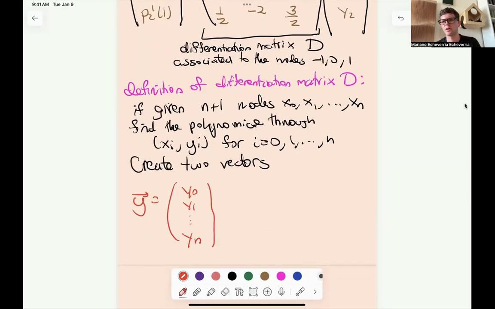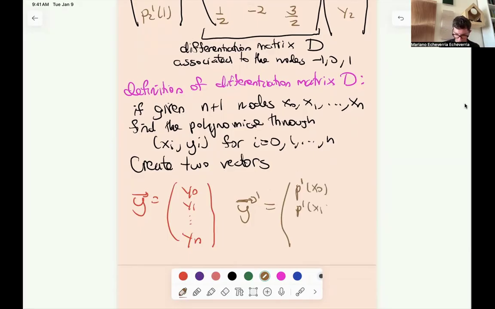And the other one, we might call it y prime, that's not a bad name, because it is related to the first derivatives, which would be p prime of x0, p prime of x1, up to p prime of xn. Let's call this polynomial p of x, right?